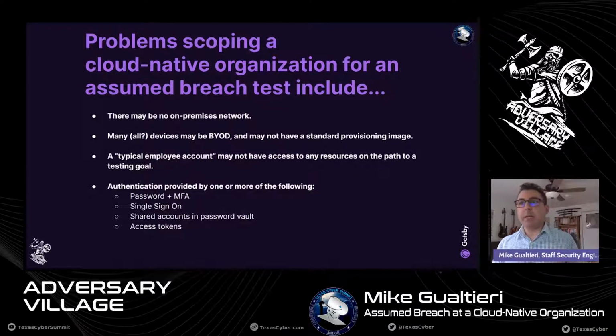The last item on the list isn't necessarily a problem, but it's one that's a little different than a typical Active Directory network. Authentication to systems will happen by one or more of the following options: a username and a password, and hopefully also some type of two-factor authentication token.